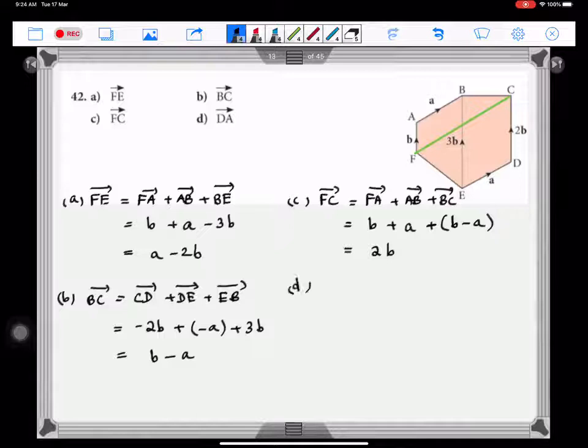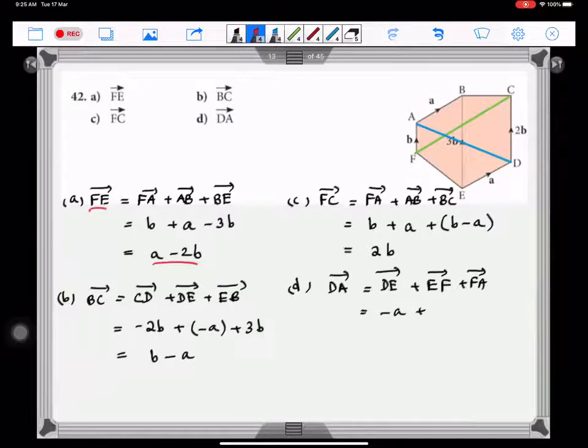And the D part is DA. What is DA? Going from D till A. So this is something like this. That is the approach. DA is DE plus EF plus FA. DE is minus A. EF is found out. This is FE.